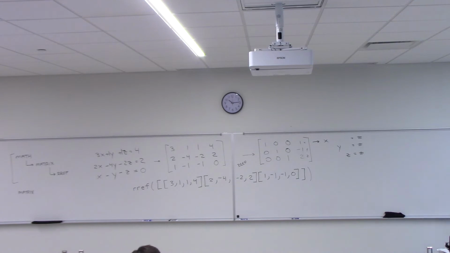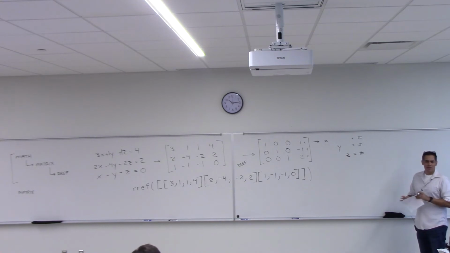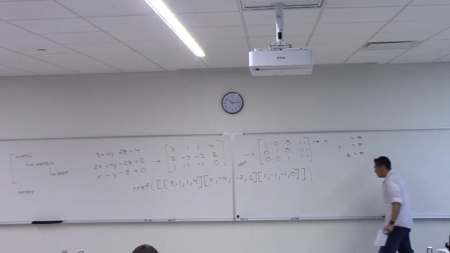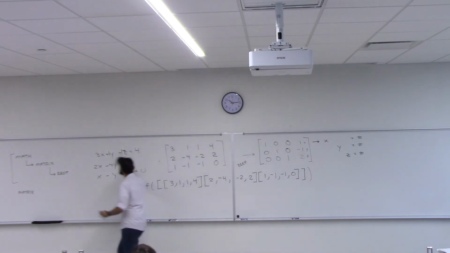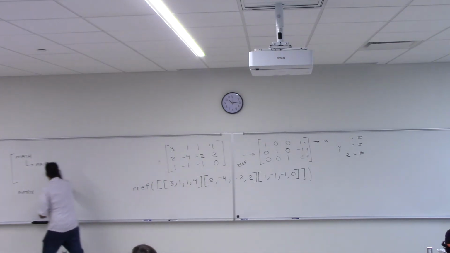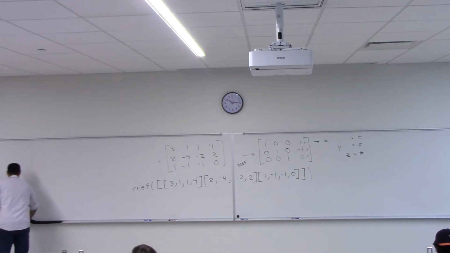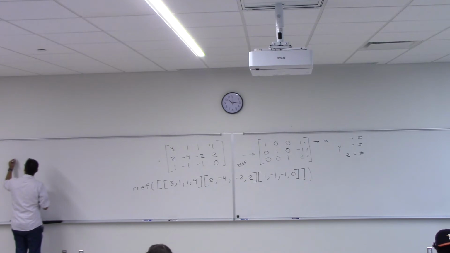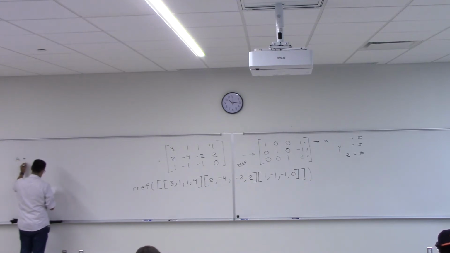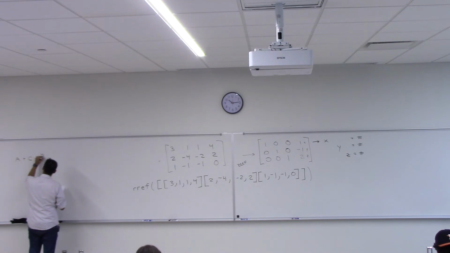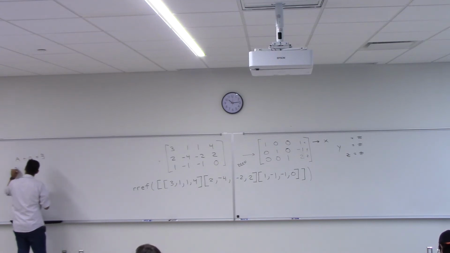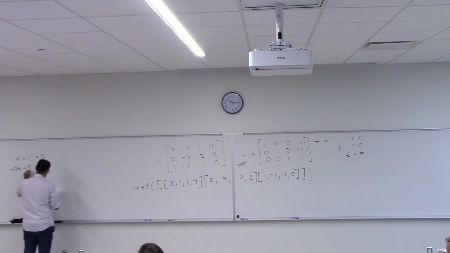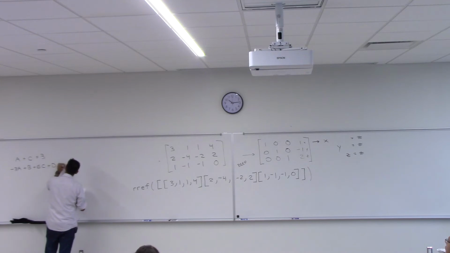I have another one for you. Let's see if you get this one. This is the problem that we're going to end class with. So let's go ahead and just solve the matrix now. The matrix that we're going to have a little bit later today is going to be: A plus C equals 3, -3A plus B plus 6C plus D equals -6.